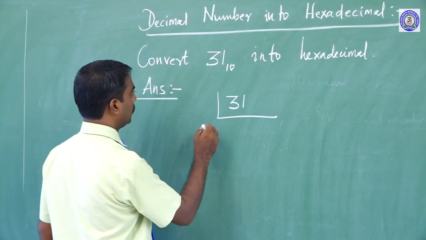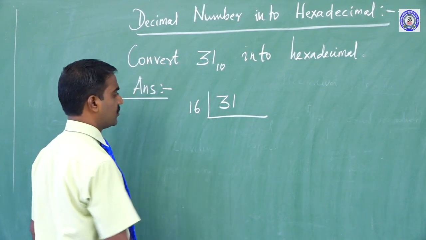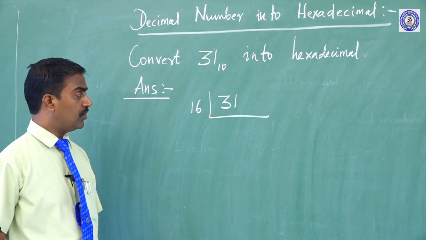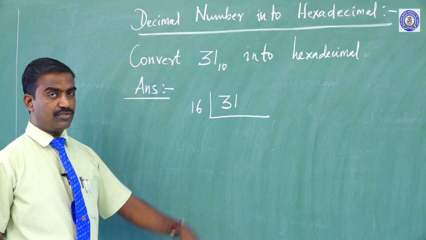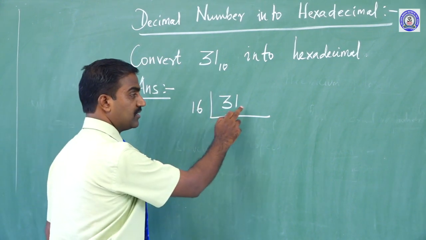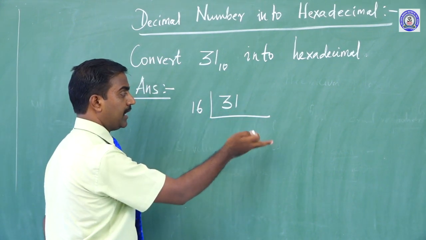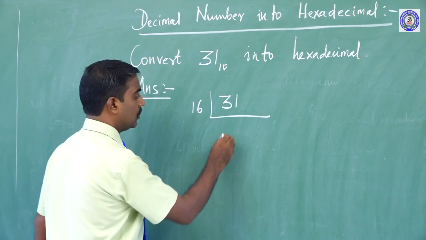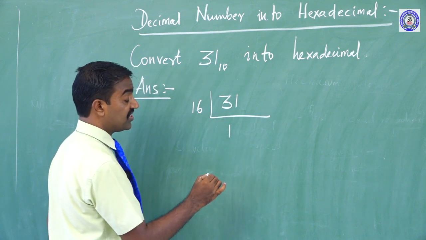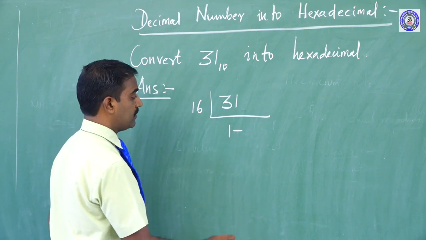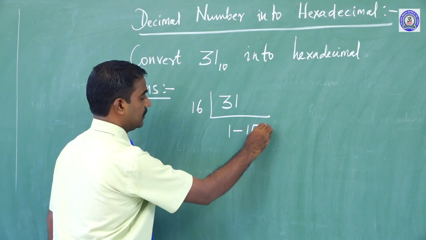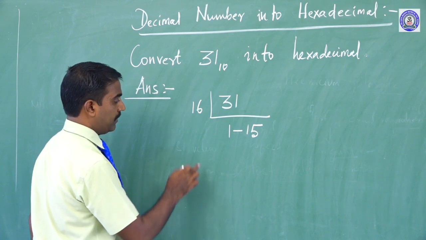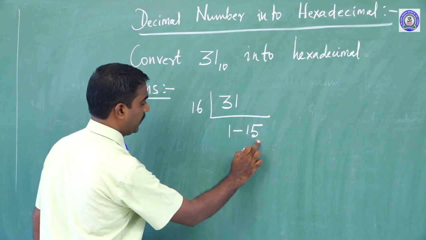Clear? So the hexadecimal base is 16. Okay, one 16 is 16, two 16s are 32, but here the value is 31, and comparing with 32, this is a small number, so it is not possible. So one 16 is 16, so remaining is 15. Clear? Yes.